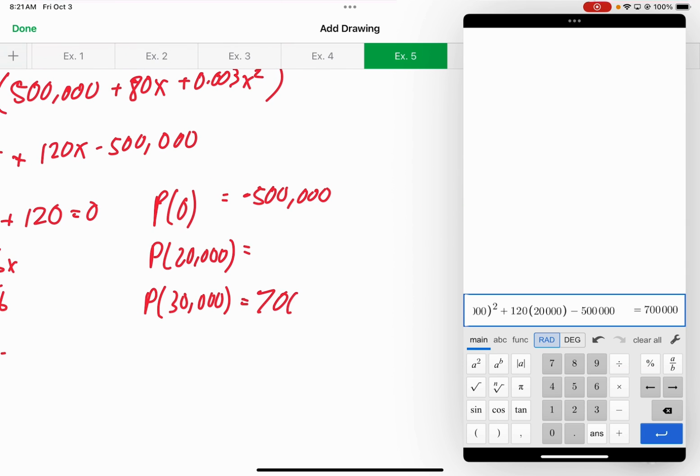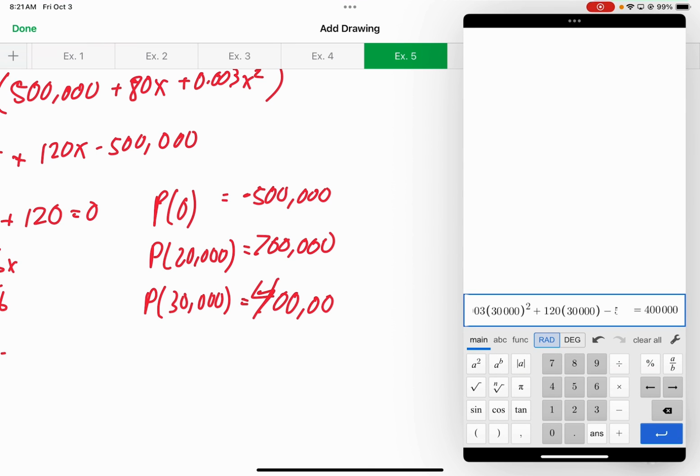It's not a bad profit. Oh, wait, that's for 20,000. Let's change those values to 30,000 instead. Ooh, I only get 400,000.